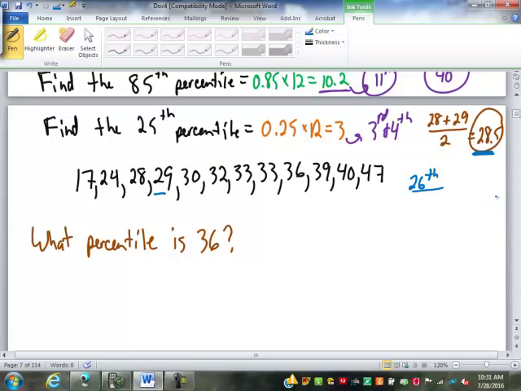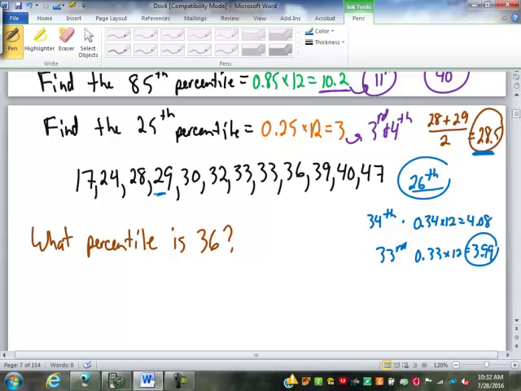But in fact, anything on up to, well, what's it going to be? The 34th percentile, 0.34 times 12 is 4.08, isn't it? So it's actually the 33rd percentile. The 33rd percentile would be 0.33 times 12, which is 3.96. So the 29 here is actually the 26th through the 33rd percentile.